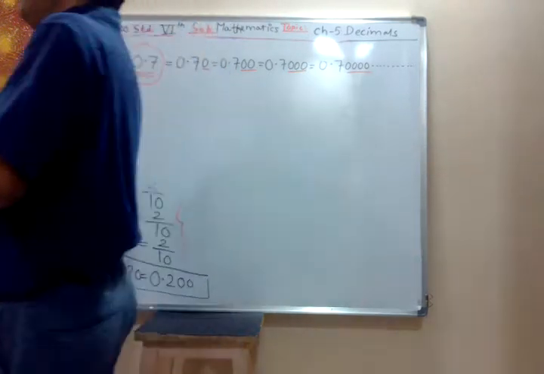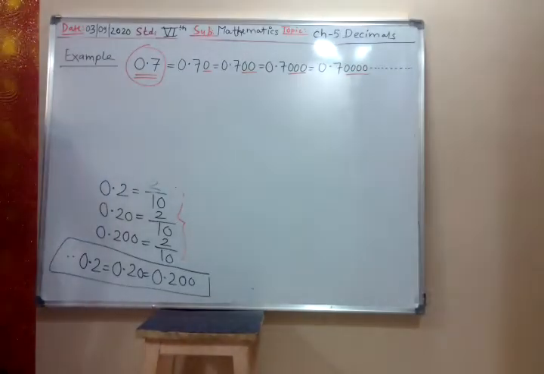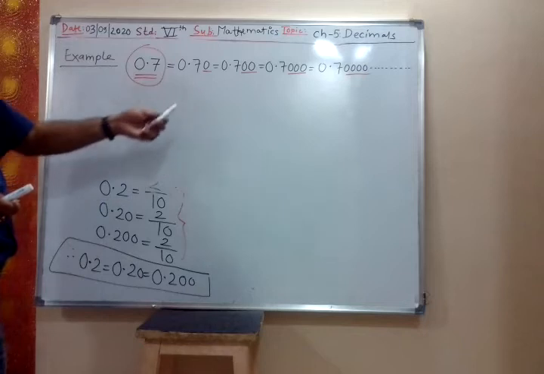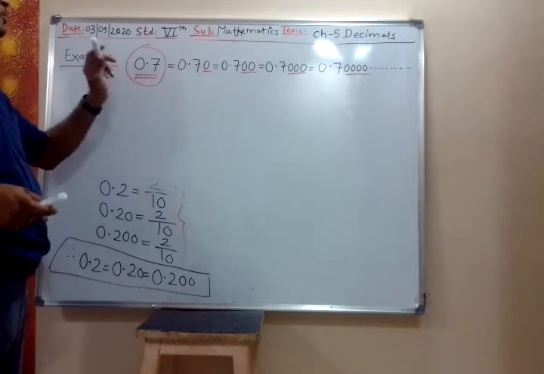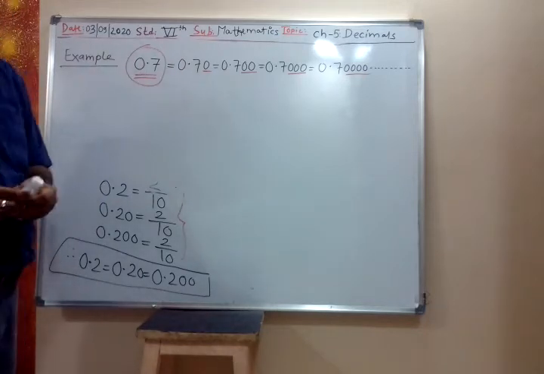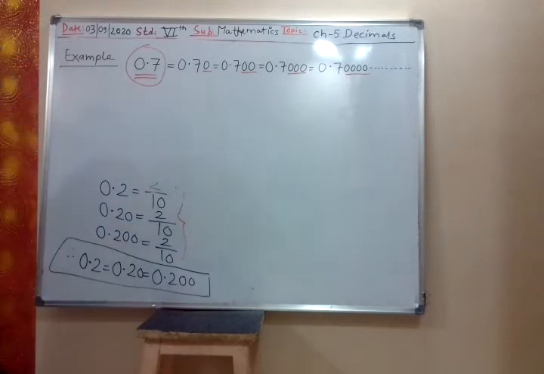So all these numbers 0.7, 0.70, 0.700 you can simply write as one number, 0.7. This is an important result which you have to remember. Whenever we add 0 to the right, the value of the number does not change. Is it clear?